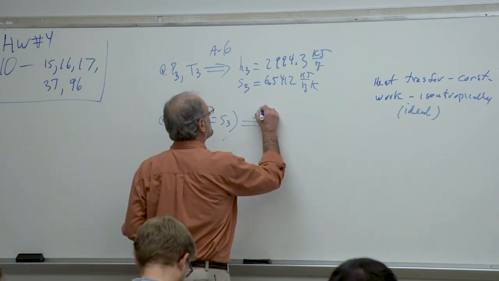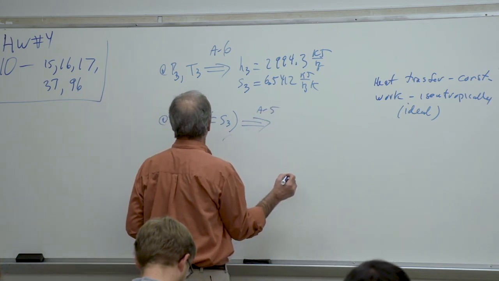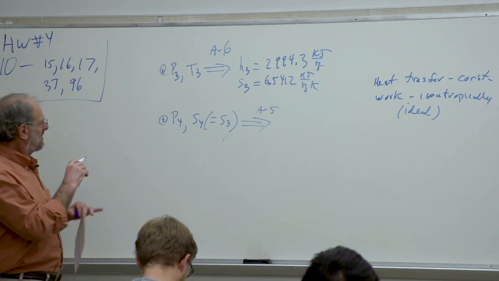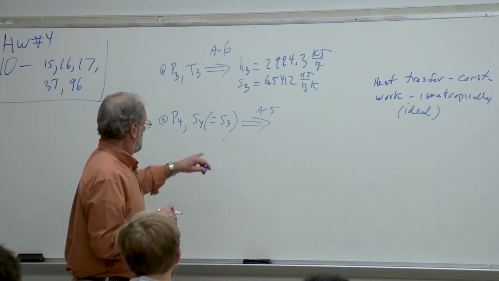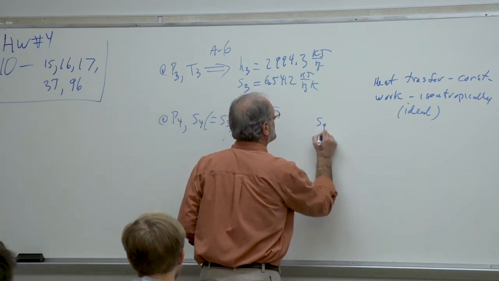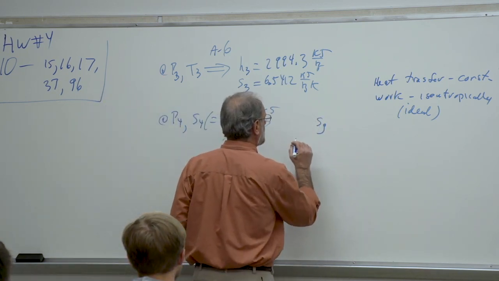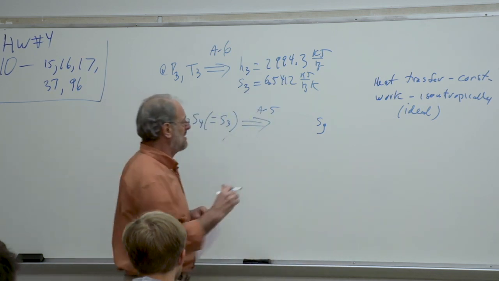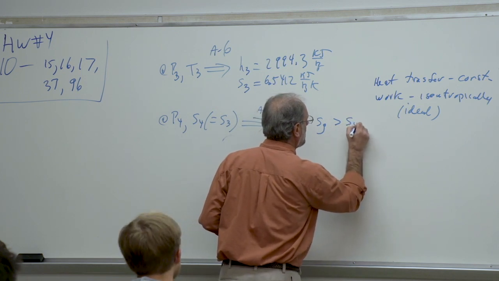If we just go into table A5 initially and compare at this pressure the value of the entropy of the saturated vapor to the given entropy, what we'll actually find here is that the saturated vapor is going to have a greater entropy than the entropy at point 4.